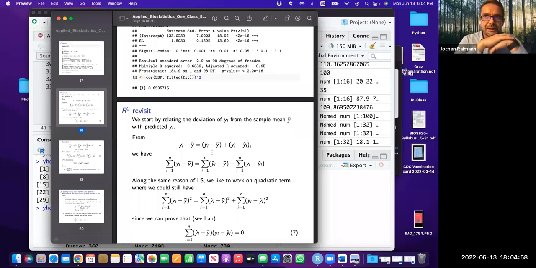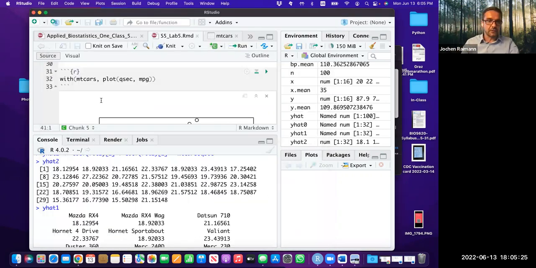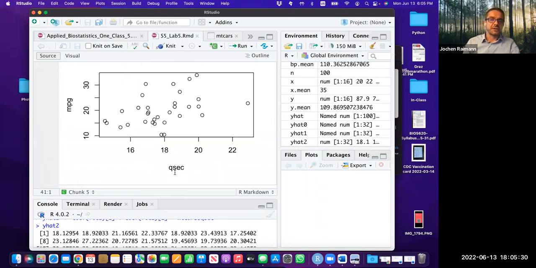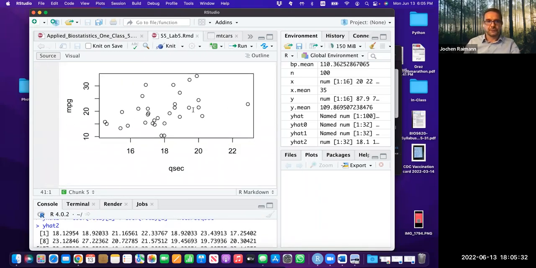You want to explain as much of the variability as you can, by fitting a mathematical function through it, which is a linear function in simple linear regression. So by fitting a line through your bivariate scatter of, here, MPG and QSEC, you're fitting a line through this.